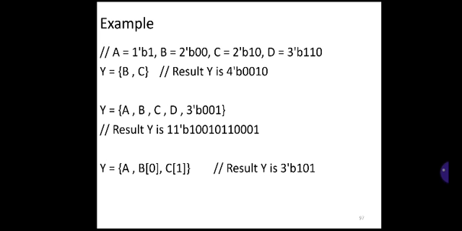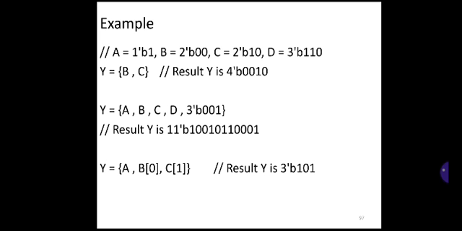So 1 plus 2 plus 2 plus 3 plus 3 totals 11. That's why the size of the result is 11. Now append all the bits of A, B, C, D, and the sized constant together. So it will be 1 00 10 110 001. This is the result of Y.